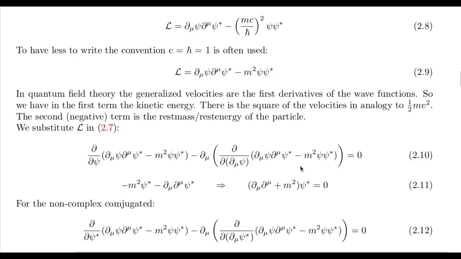And in the second part, we didn't get anything from the second addend here because we differentiate with respect to the derivatives of psi here. So we have this result here, and that means if we factor out psi star here, we have this.